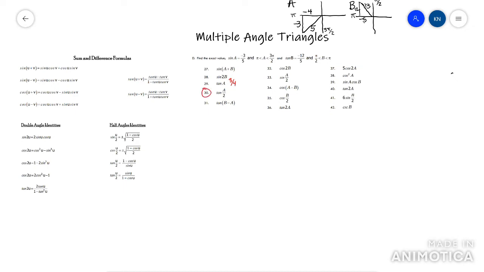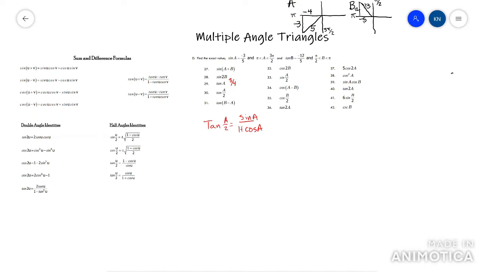This is a weird one because they have angle over 2. So you would have to match up which equation to use. And so it'd be like tan of A over 2 is sine over 1 plus cosine. All right, well, them telling you tan of A over 2 means you're going to be using triangle A to solve this.